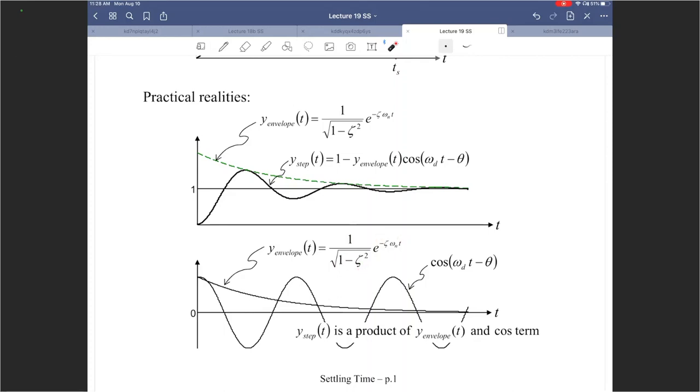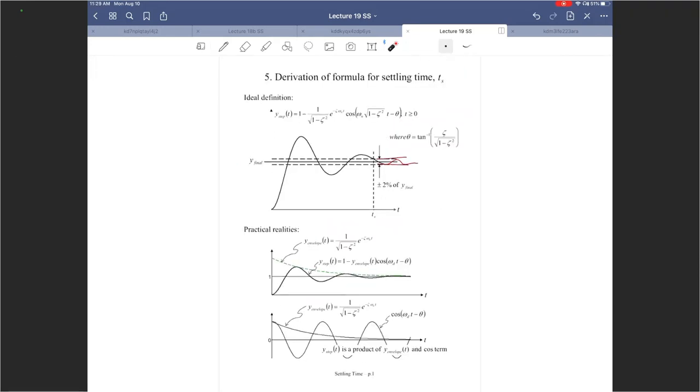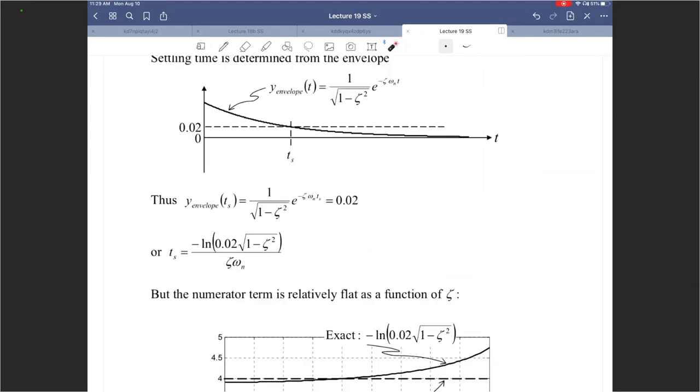So instead of taking a look at 2% of the actual step response, I will, as an approximation, use the envelope, evaluate 2% of the envelope and then find the time for that. So an approximation is being used here: 2% of the envelope as opposed to the oscillating behavior.